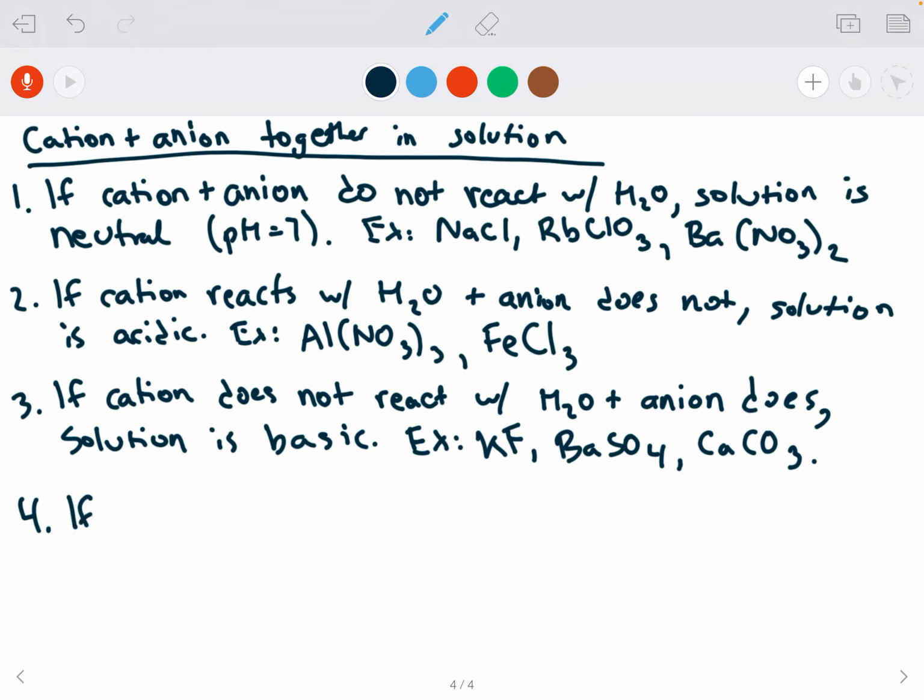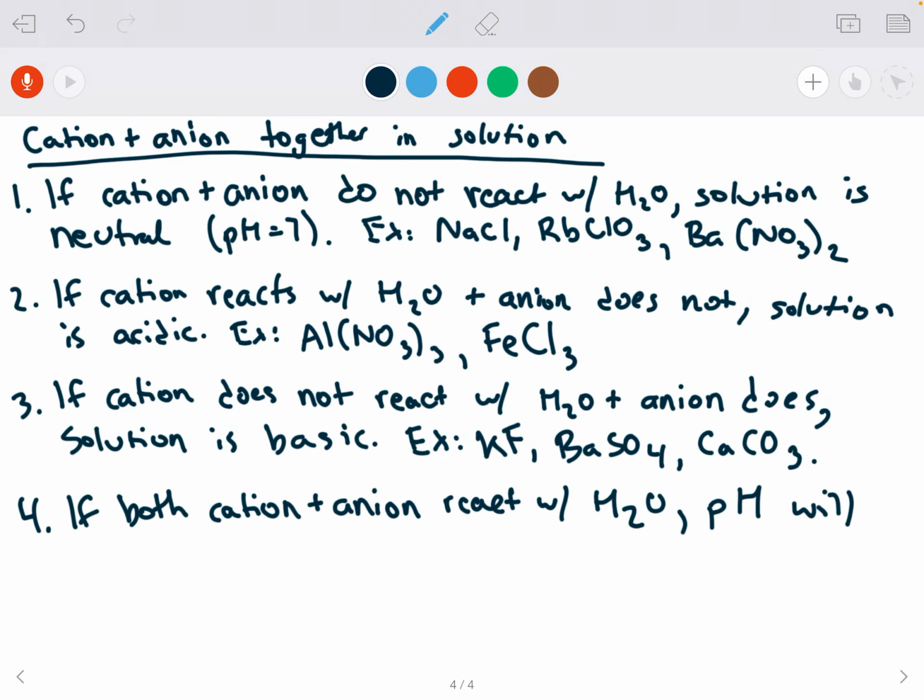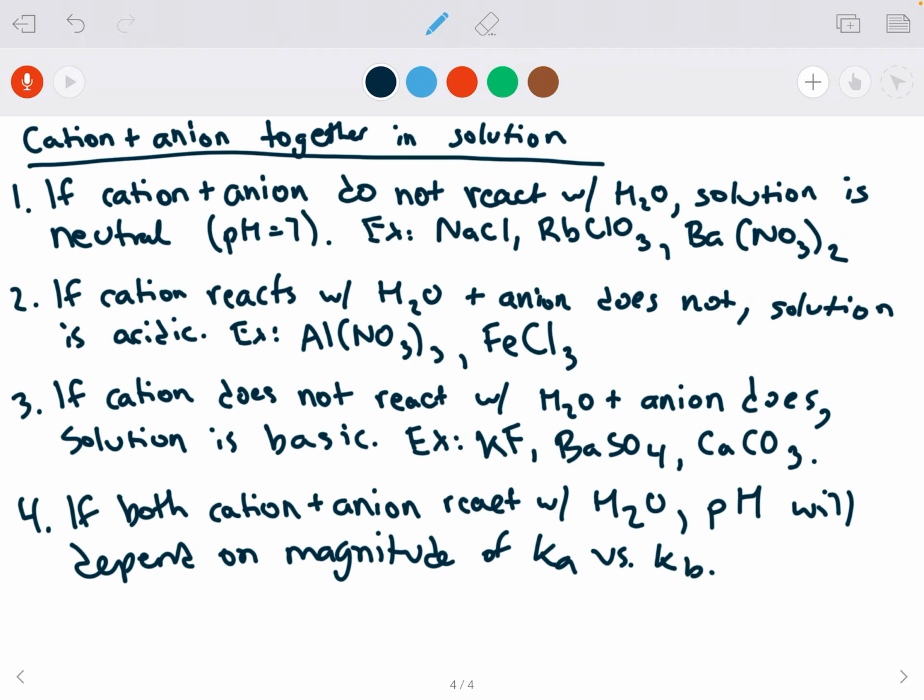Then lastly, if both cation and anion react with water, the pH will depend on the magnitude of Ka versus Kb. It's kind of like I was talking about with the bisulfate, HSO3 minus or HSO4 minus.